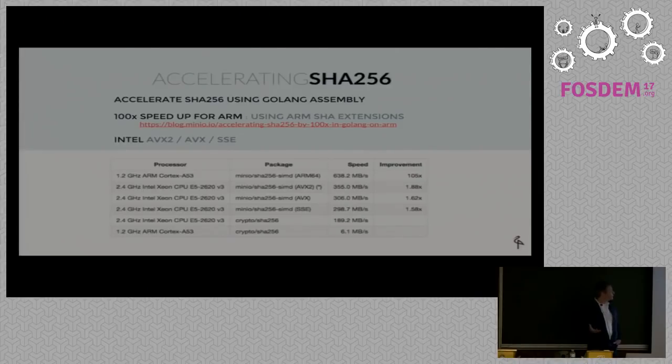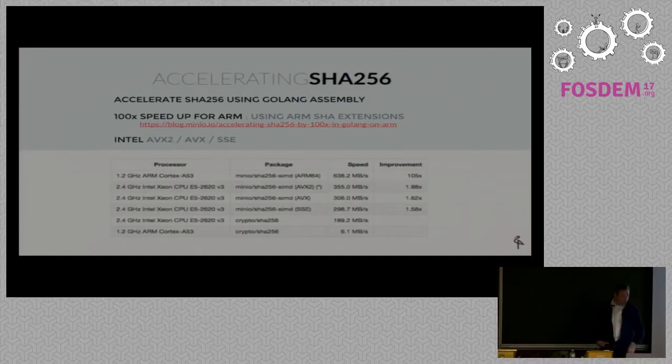And actually Intel also has instructions for SHA256 acceleration, but they seem to be just defined in software, and there seem to be no hardware implementations out there. Otherwise, it would be nice to take advantage of that as well.